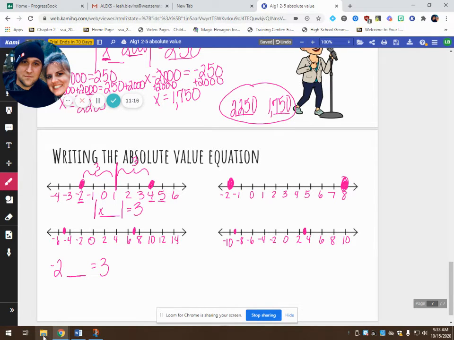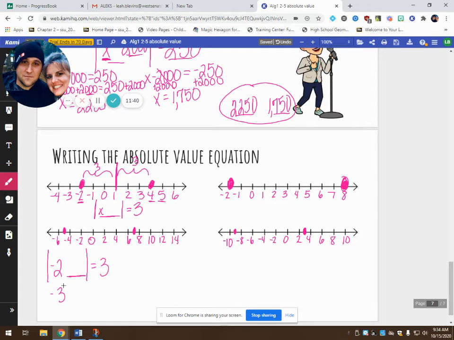How do I get from -2 to +3? Your first instinct might be to add 5, right? But remember, it's inside of the absolute value. So when I take whatever this solution is out, it becomes a +3. So it could be -3, it could be +3 inside of here.